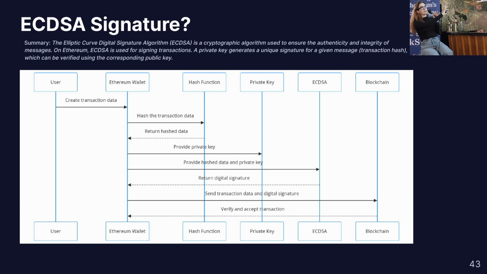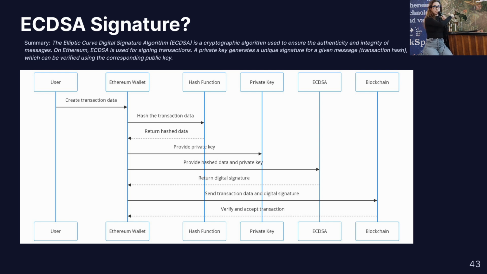This is a diagram for you to be aware of what happens in this digital signature signing part. The user starts, they want to sign something, and they have to connect with their wallet and sign with the wallet, creating the transaction data. Then the ECDSA algorithm hashes the transaction data, and the hash data goes back with a private key.